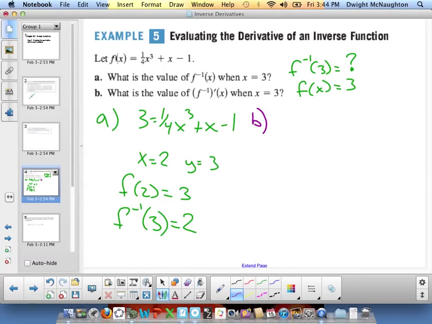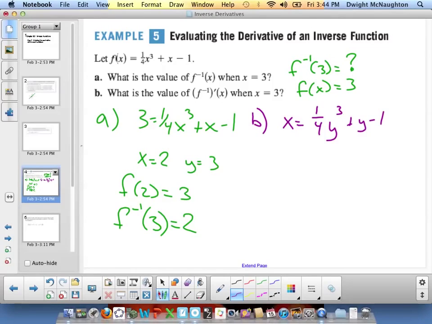So instead of saying y equals, we'll say x equals 1/4 y cubed plus y minus 1. Now our next step would usually be solve for y. We can't do it, so let's skip that step. And if you can't solve for y, remember you can still find the derivative implicitly. So what we want to do is do it implicitly.